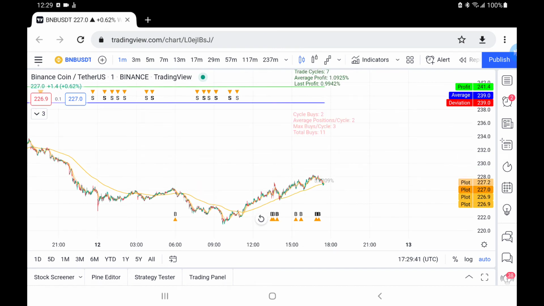This coin requires 2 positions on average but 7 trade cycles. Since Binance is going to work their hardest to keep this coin stable, this is actually an excellent coin to trade, even though there is a huge difference between the average of the last position and the current market price.